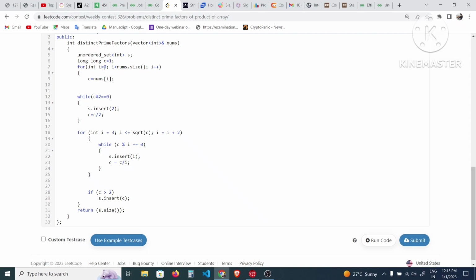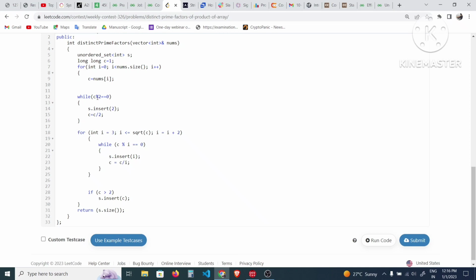One by one, using a for loop, you assign each number of that nums vector to c, and then using this function you count the prime factors of that number.